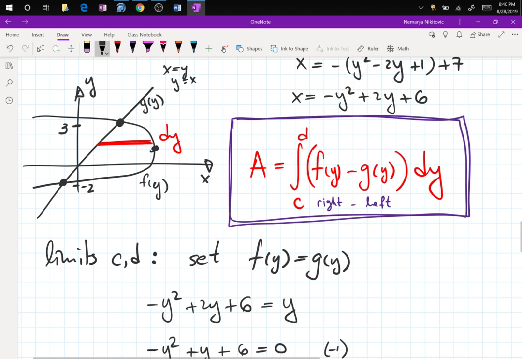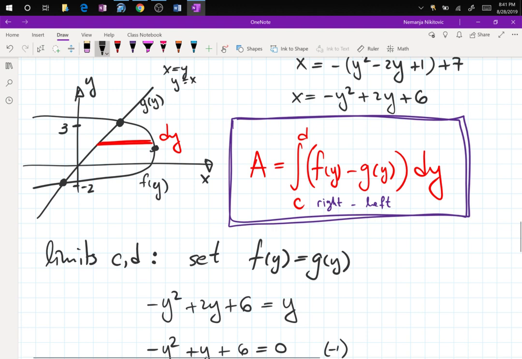So 6.2 calculates area between two curves, whether those curves are on top of each other, in which case you will use dx, or sideways, in which case you will use dy. Now, you might ask, well, how do I know which one to use?